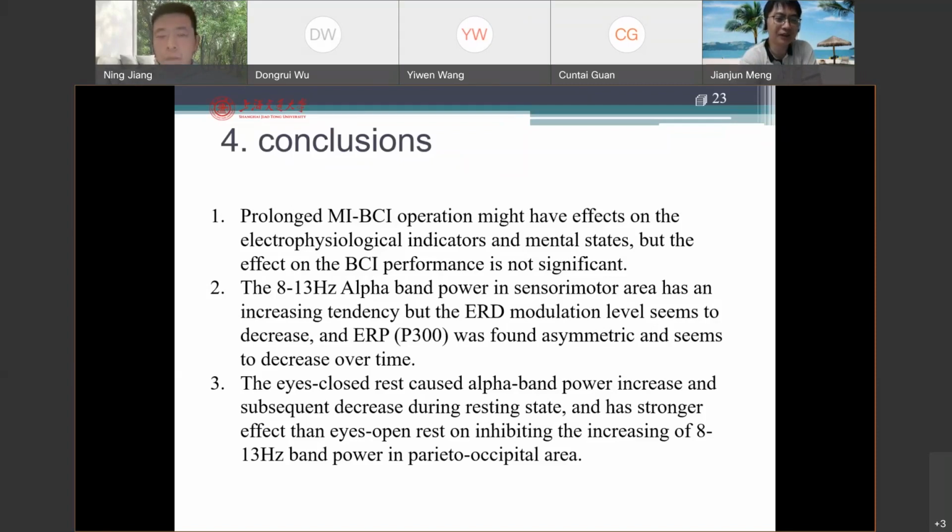But for patients, there is literature showing that they might get fatigued more easily than the healthy population. Maybe fatigue was indeed induced in our study, since we did find consistent electrophysiological changes. These changes are consistent with previous literature, but we didn't find any BCI performance change.